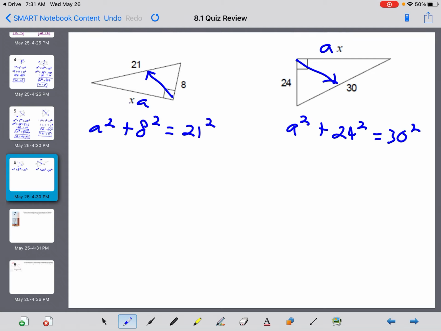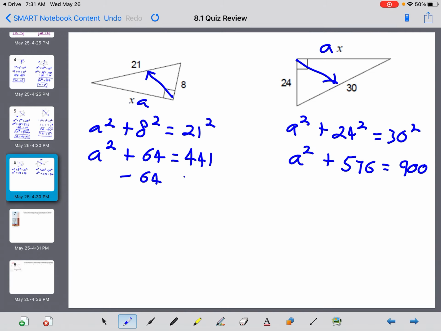Sorry about that. The A squareds come down in both. 8 squared is 64. 24 squared is 576. 21 squared is 441. And 30 squared is 900.